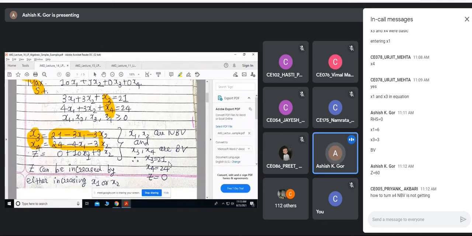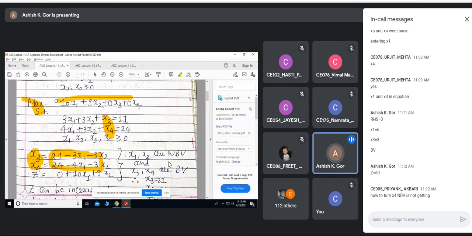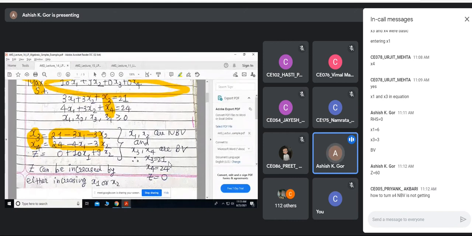Now if you carefully observe, my goal is to maximize this function 10x1 plus 9x2. The maximum coefficient is 10, so if I increase x1, it would be more beneficial toward getting the maximum value of z. But simultaneously, I also need to worry about constraints. The constraints should not be violated. I cannot increase x1 beyond a certain limit.